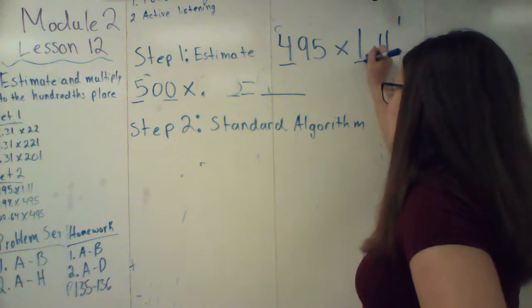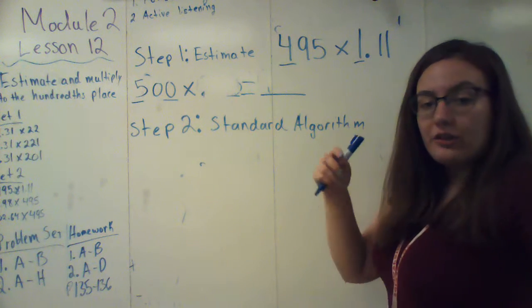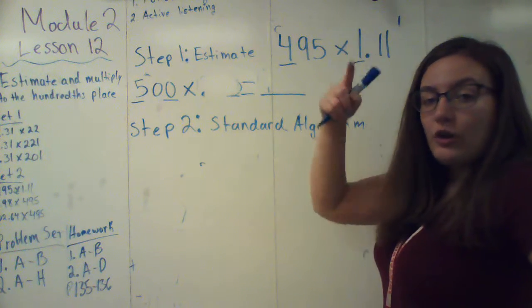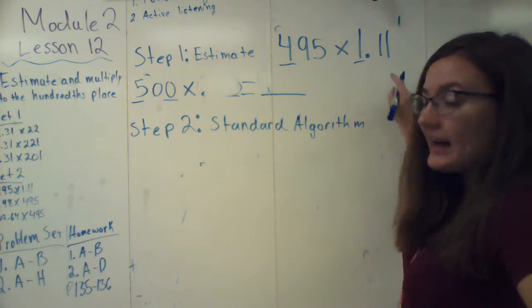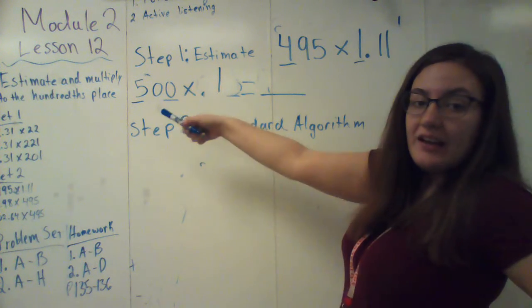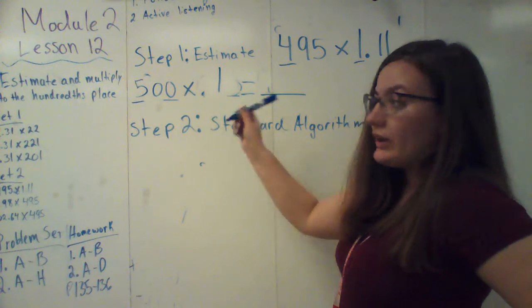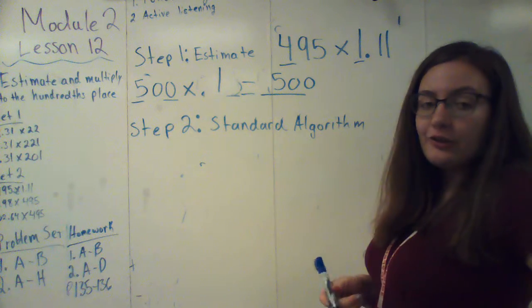So I underline my largest place value, which is the 1 in the 1 space. So it's either going to round down to 1 or go up to 2. Since I have a 1 right here, that is less than 5, so it's going to round down to 1. So my answer for my estimate is going to be 500 times 1, which is 500. So I know my answer is going to be somewhere close to that.